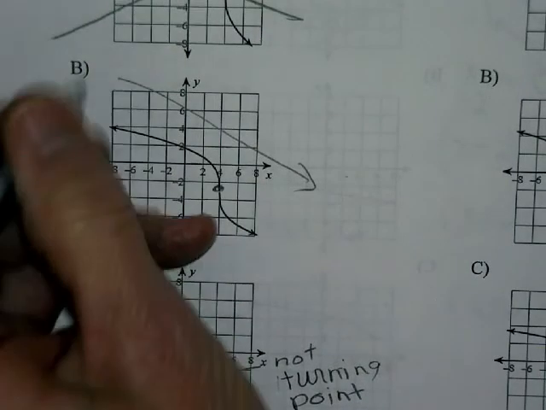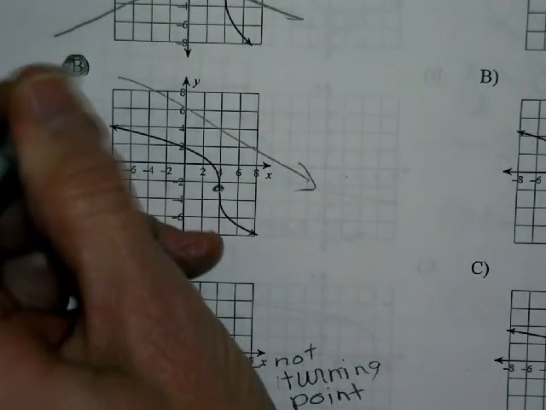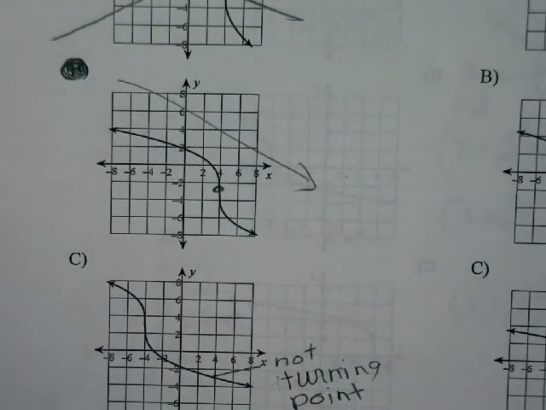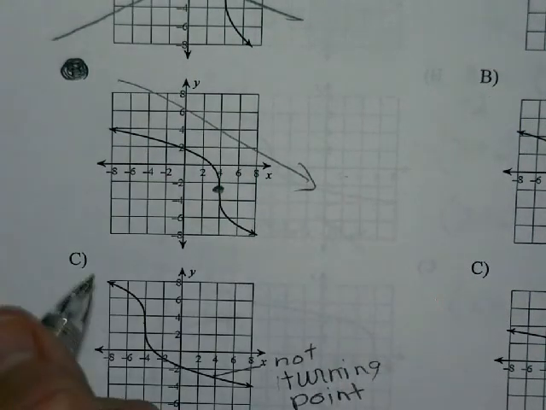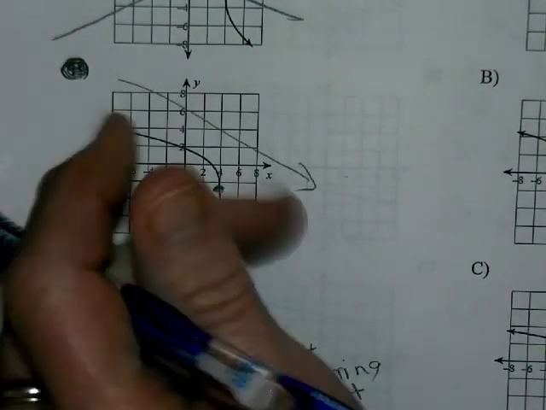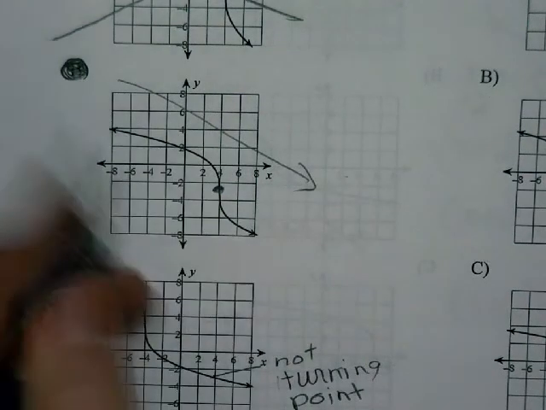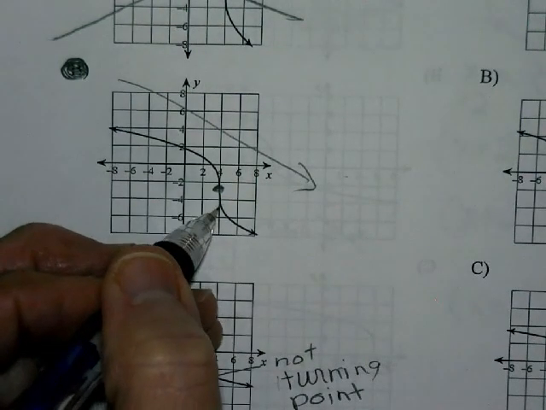So if you're in doubt, it doesn't look like it's exactly on -2, but you can plug in 0 and see what you get. You'll see that's not the truth. And if you test a point, what did we say? B was the winner, because this turning point was at the h, k where it should be.